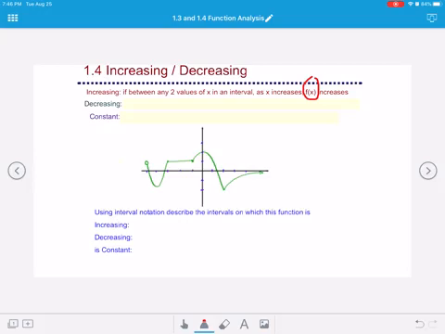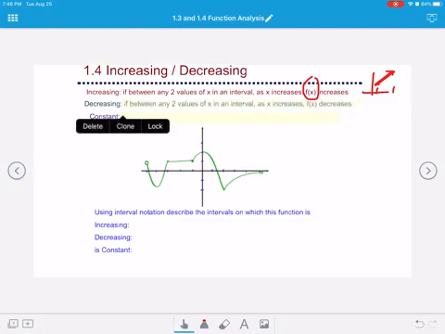So, for instance, on this graph, if you were going between one x value and a second x value, and your y values were getting bigger, you would have a slope that was going up like that. That's what increasing looks like. Decreasing is just about the same definition. As you go between any two values of x on that interval, as you increase your x, your f of x, your y values, decrease.